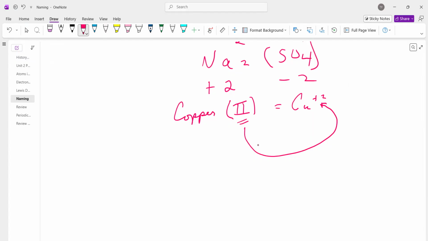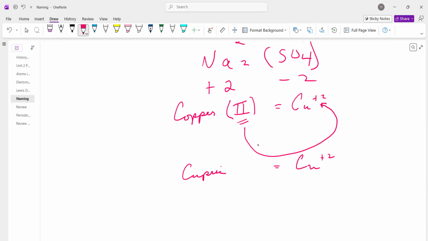Now, if you look on your chart, cupric, what's the charge in cupric? Same thing. Now, in your dry lab today, you're not going to see any cuprics, you're going to see copper 2.